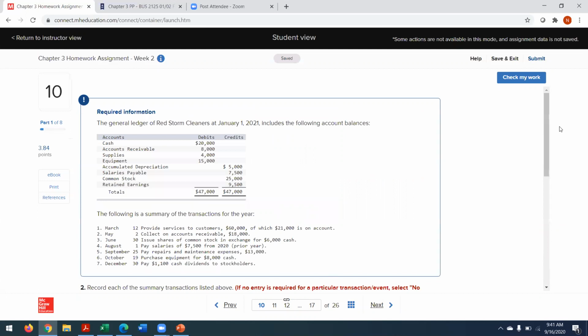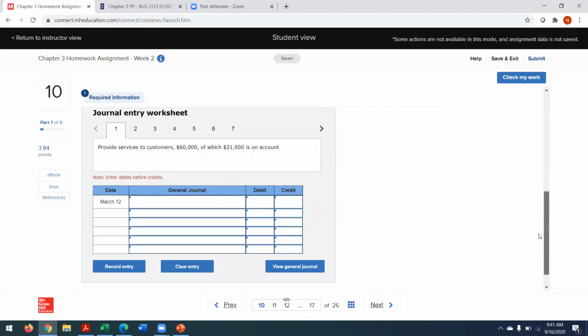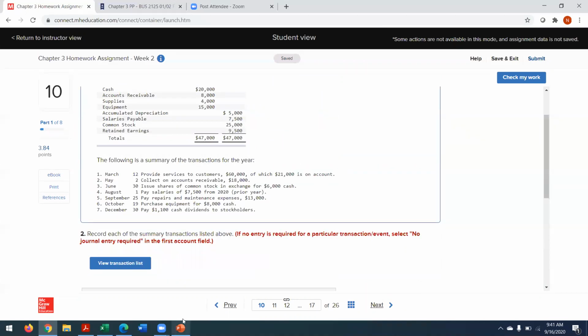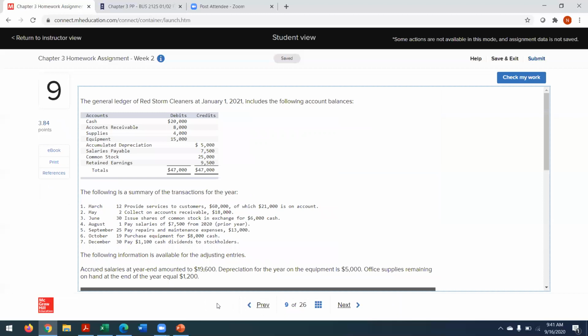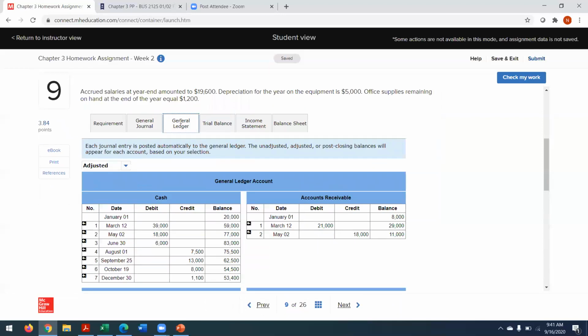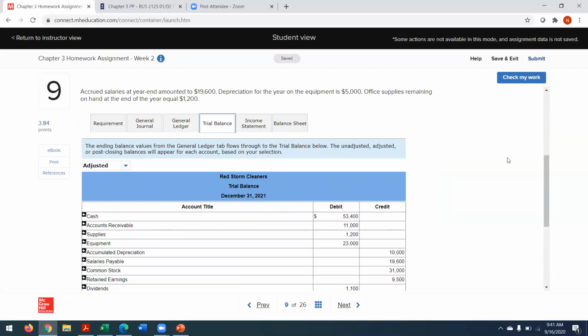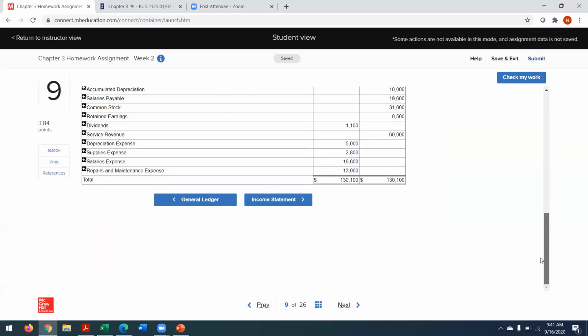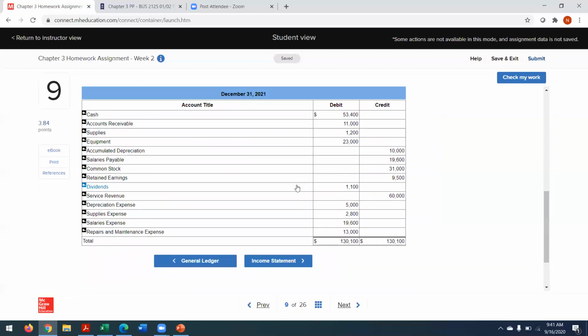Oh my goodness. No, you're doing the next problem. Okay. So basically, now what I want to do is look at my trial balance, which I balanced. The reason I hadn't balanced earlier is somehow I had no journal entry required where that cash was.